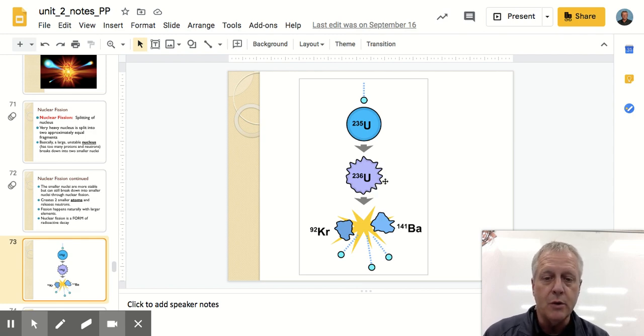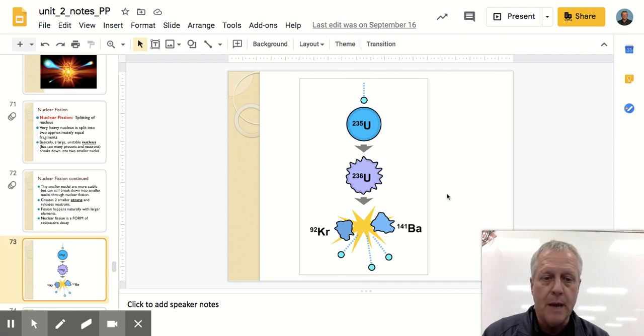So nuclear fission is this whole idea of splitting a large radioisotope. And then the result of that is really three things. You have products such as krypton and barium, which are smaller isotopes. You have heat energy released, and then you have more neutrons released.